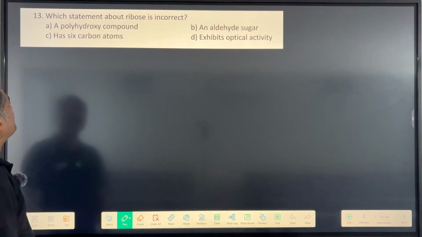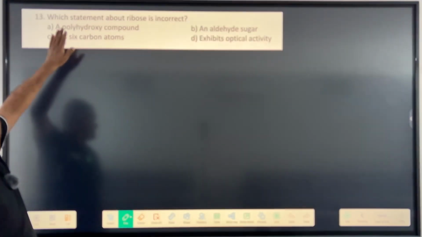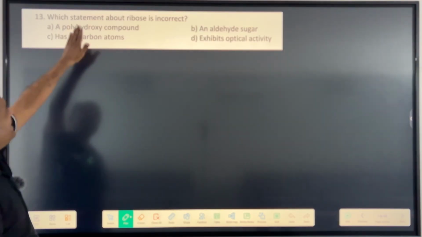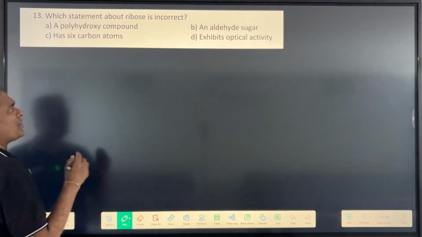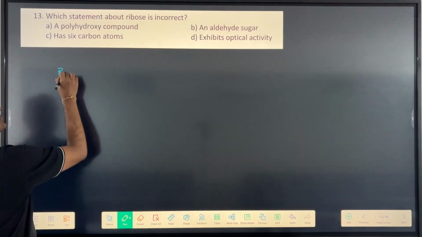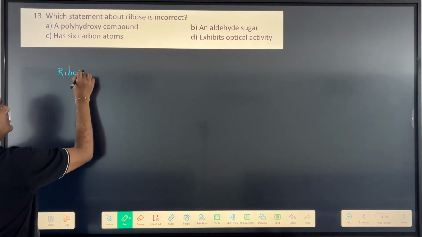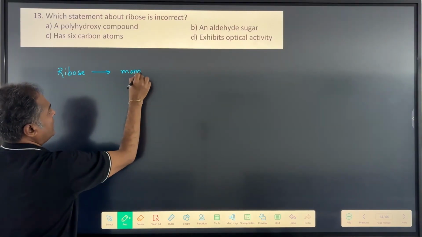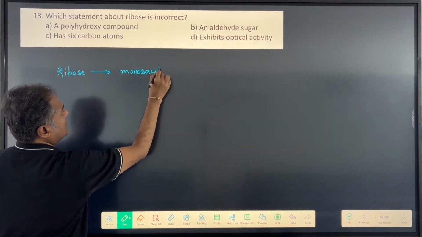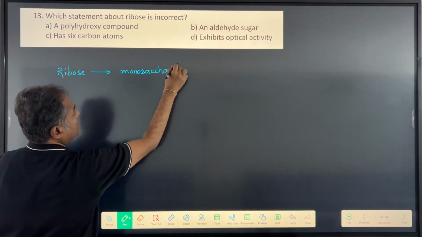Now, child, over here question number 13 is like this: which statement about ribose is incorrect? Now, basically what do you know about ribose, child? Ribose is nothing but a monosaccharide. Point number 1, it is a monosaccharide.